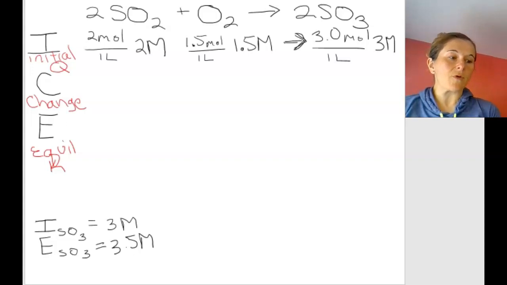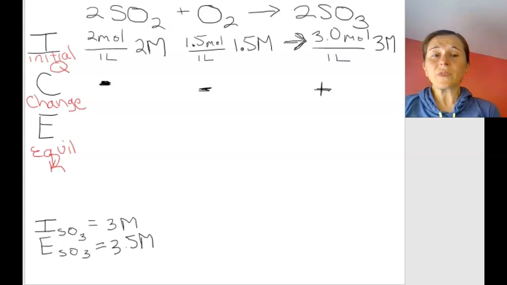We end up with more product. So our change is going to be negative here: we're going to lose some of that ingredient, and we are going to gain some of this ingredient, because we are going from less to more of our product.